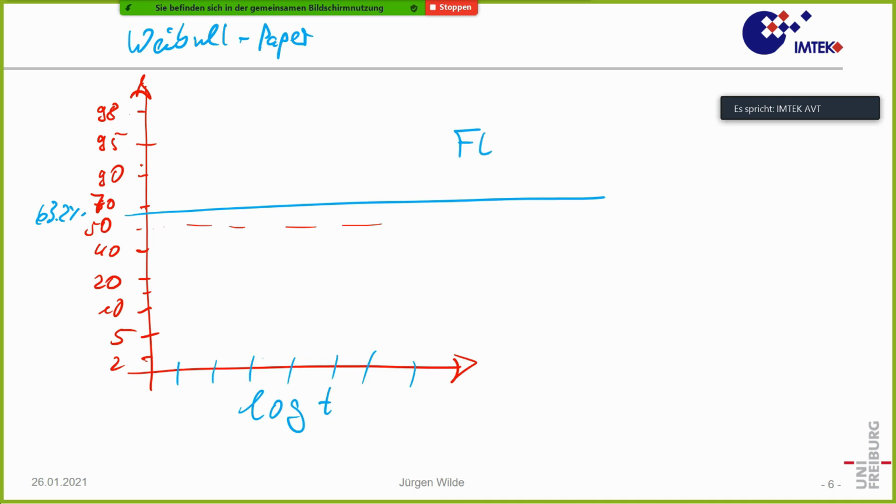Typically, the data are plotted on a logarithmic x-axis.